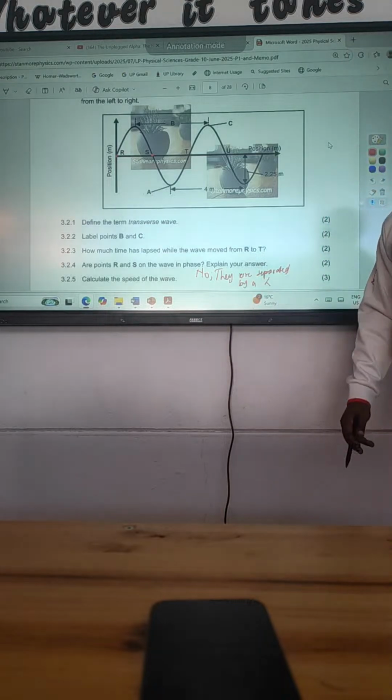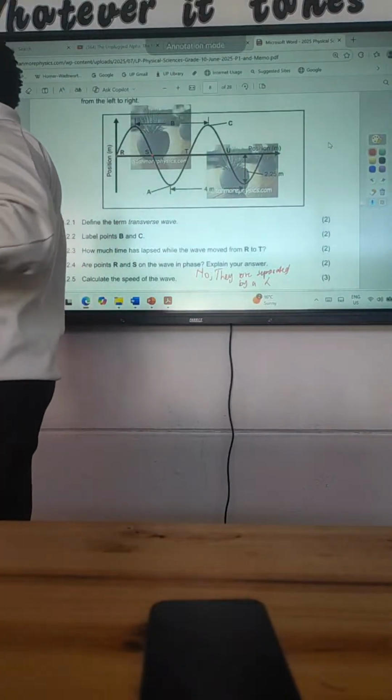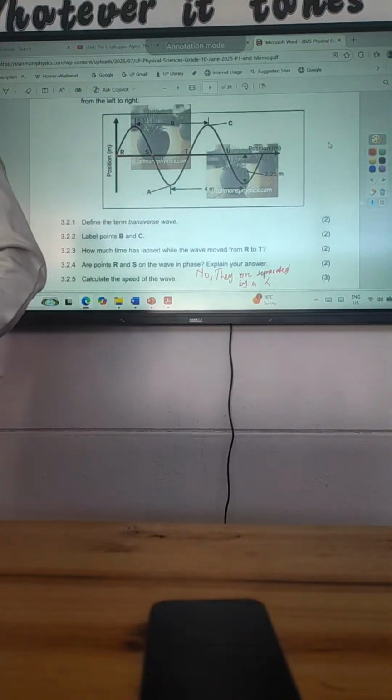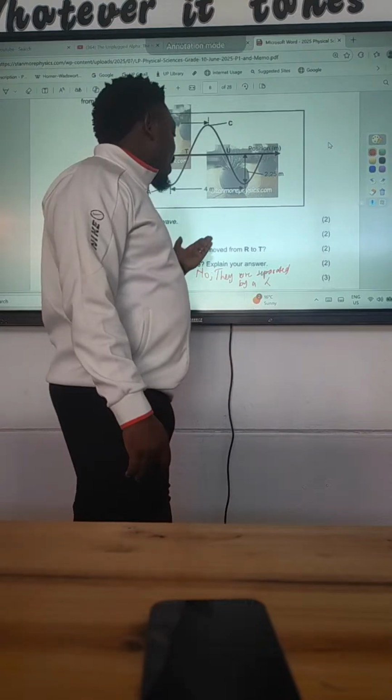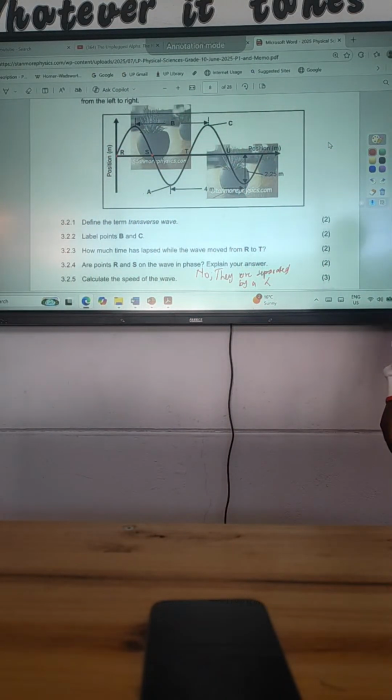I will accept that. That's why they are not in phase. If they were in phase, they would be a wavelength apart. So you can also say, no, they are not separated by a wavelength.